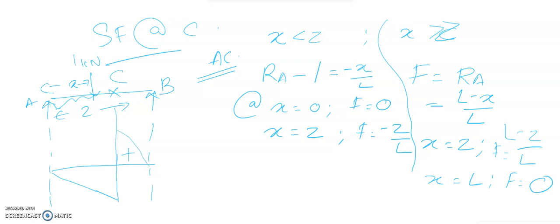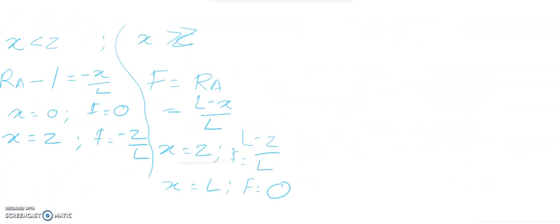This is positive, this is negative. Here write down the function value, here also write down the function value. Write it as ILD for shear force. Clear? Next, we go for ILD for bending moment at C.